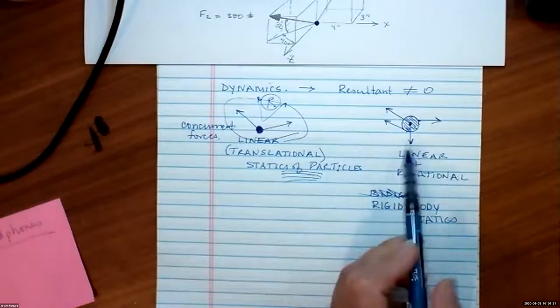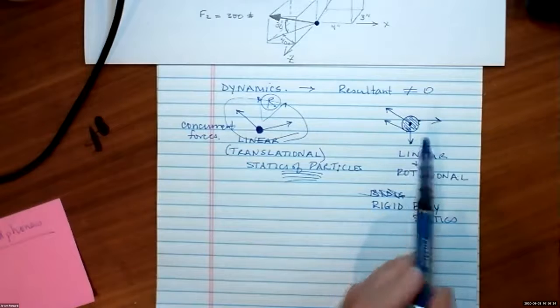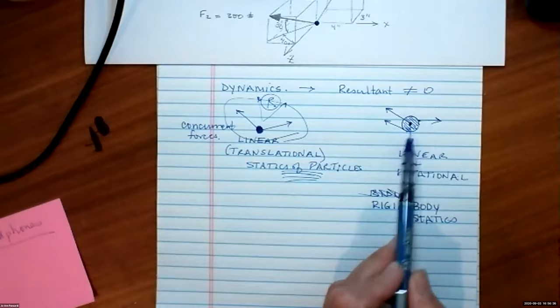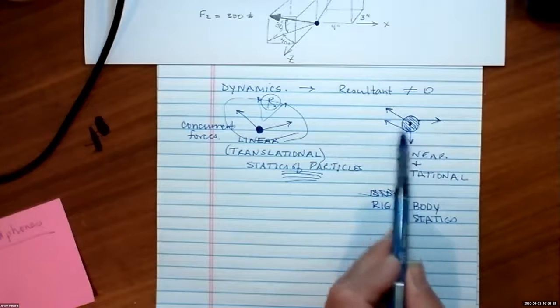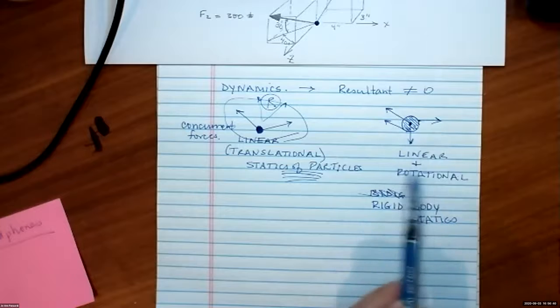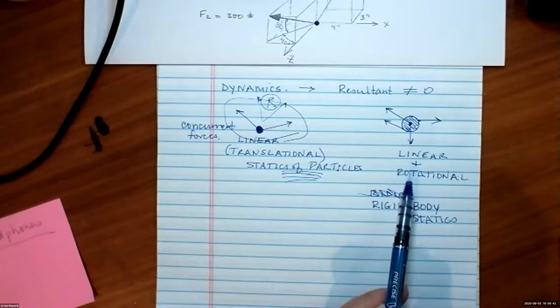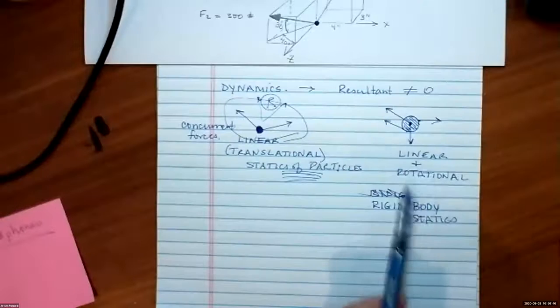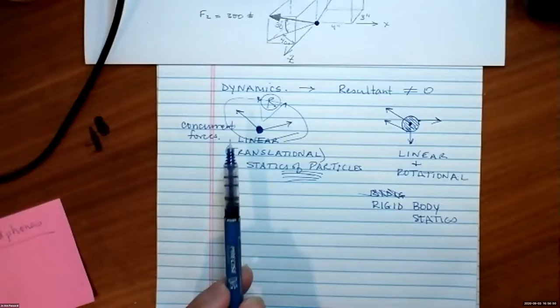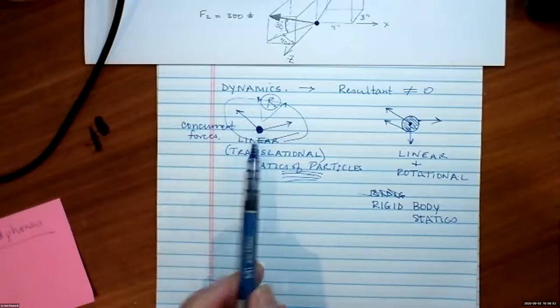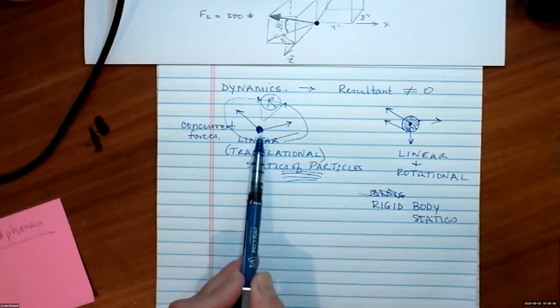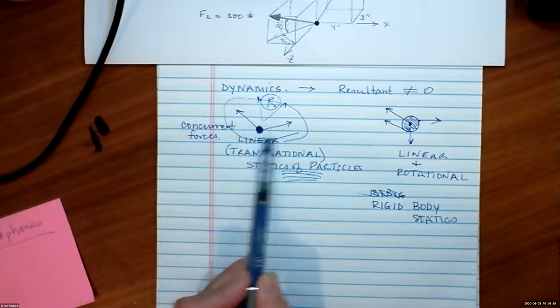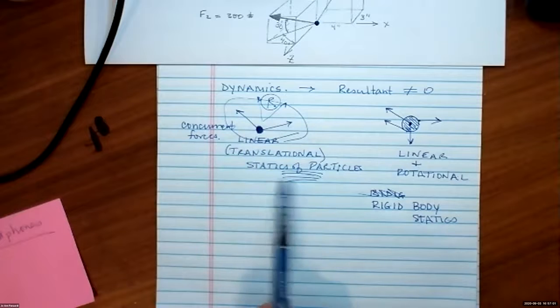Bon, if I have a rigid body that has forces all over, what's the potential of motion that could happen? You're going to have linear, but you can also have rotational. That's right, you could have both. And in this case, Colin, where we have the whole body reduced to a point because all the forces are coming off the point, we're looking at statics of what?